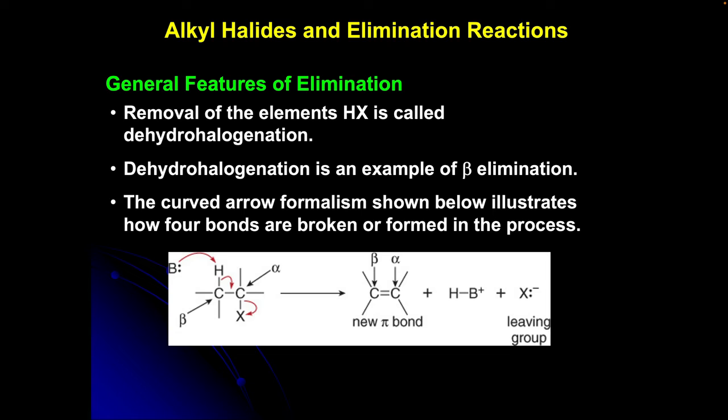You can take an alkyl halide and eliminate the atoms H and X and get a new pi bond. This is exactly the opposite of the addition reactions that we learned about in chapter 5, I think, where we took an alkene and reacted HX and got an alkyl halide. We can do exactly the opposite.